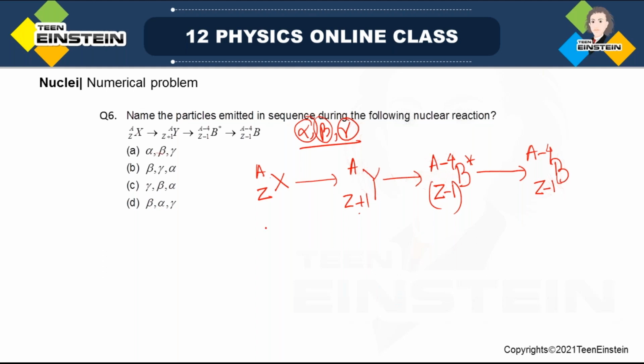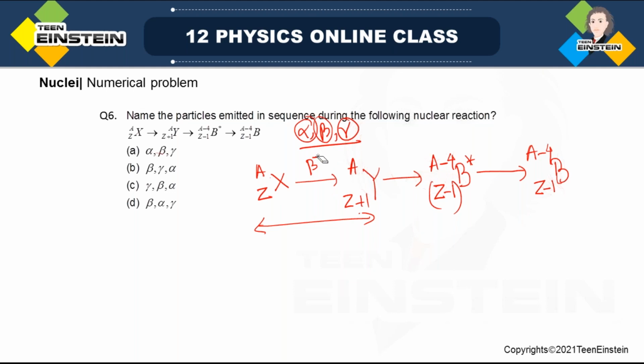First let us understand this part alone. In this case you look, when the mass number is unchanged and there is an increase in the atomic number by 1, this happens in case of beta minus decay, or beta decay, I can say.